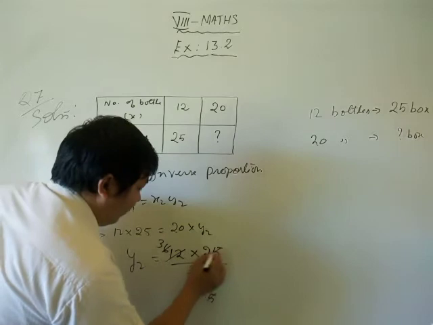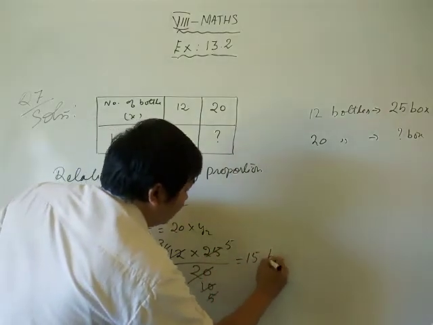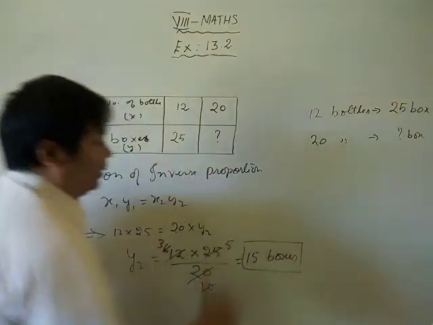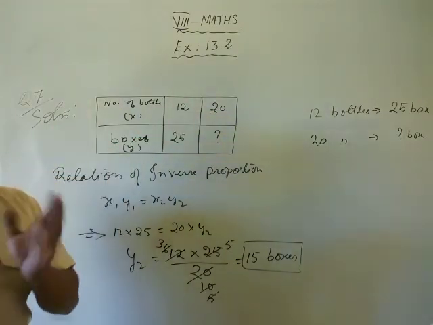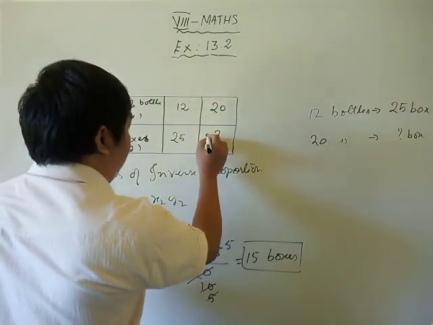And 5 5s are 25. Now we get 15 boxes. So the answer is that 15 boxes are required if there are 20 bottles in one box.